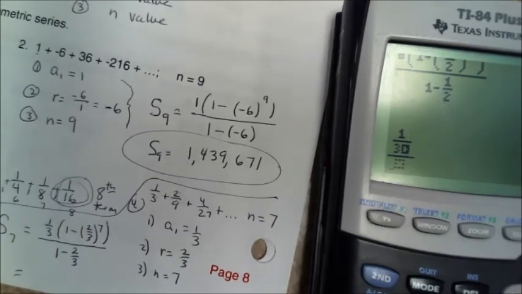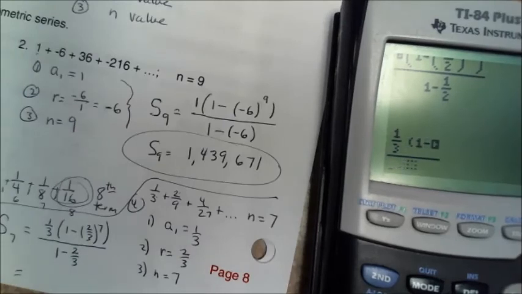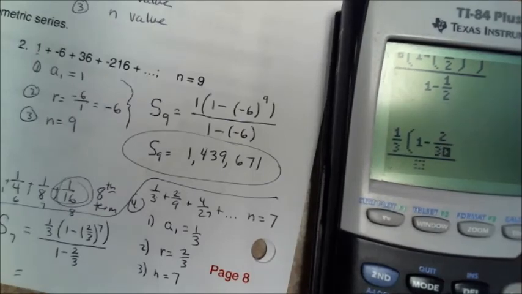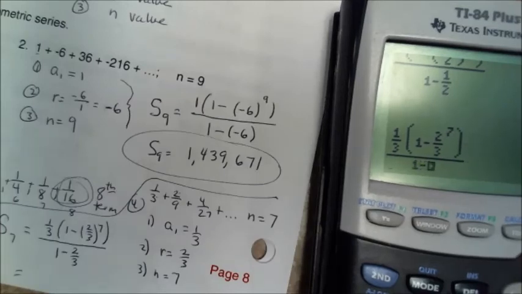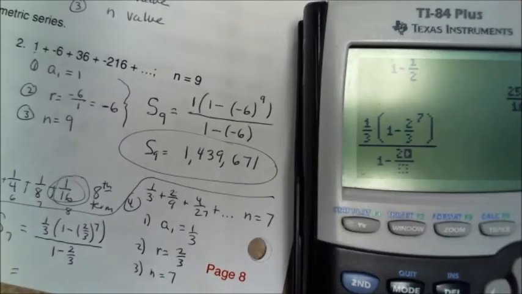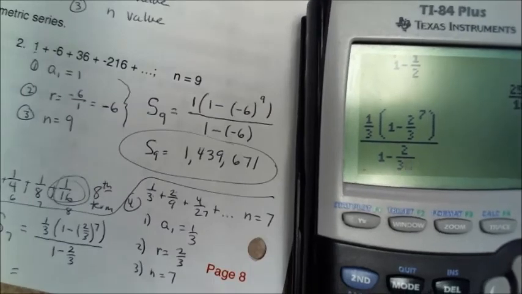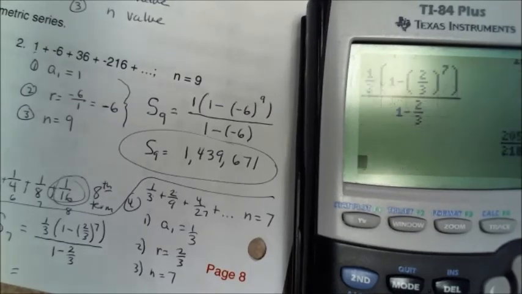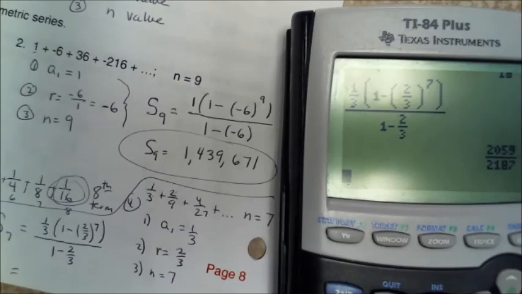So we would have 1/3 times 1 minus another fraction, 2/3 raised to the power of 7, all divided by 1 minus the fraction 2/3. Looks like that's all in there right. Let's see what we get. 2059 over 2187.